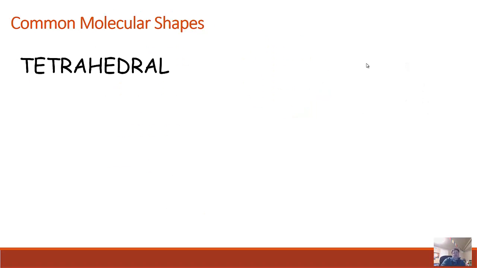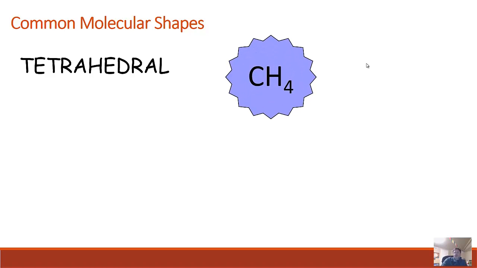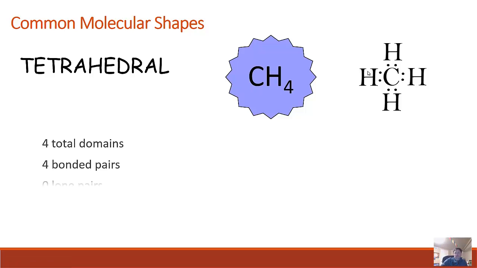Okay, our next one then is tetrahedral, and CH4 methane. Go ahead and draw this one and come back. Okay, when we do methane, while it looks here like it's kind of 2-dimensional, it's actually going to be a 3-dimensional shape. On the carbon, we have 1, 2, 3, 4 domains. Carbon has all its electrons, so it has no lone pairs.